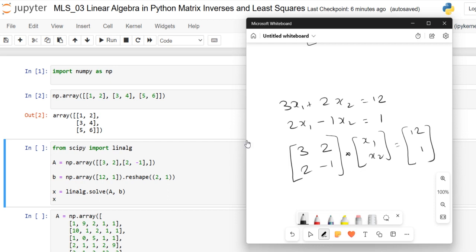Kindly observe, dear friends, this one would be our matrix A, this is x, and this is b. Comparing the matrix product with the original system, you can notice that the elements of matrix A correspond to the coefficients that multiply x1 and x2. The values on the right-hand side of the original equations make up the vector b.